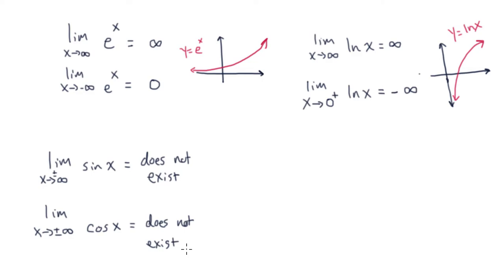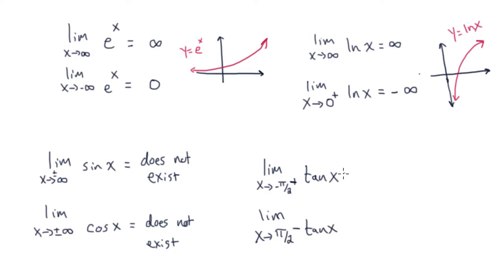But what we can do is look at the tangent function. So remember that tangent is sine over cosine, and it's periodic. And so if we just look at one period between negative pi over 2 and pi over 2, we'll have to approach negative pi over 2 from the right, and then we'll have to approach pi over 2 from the left.